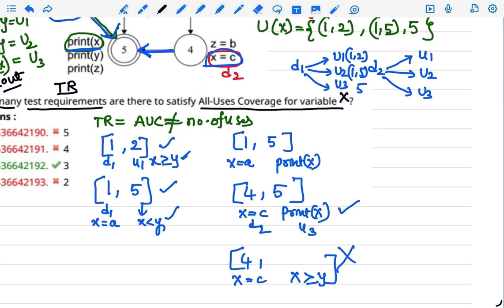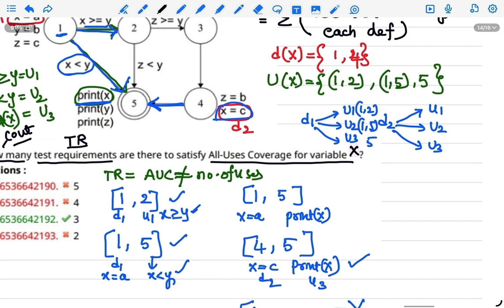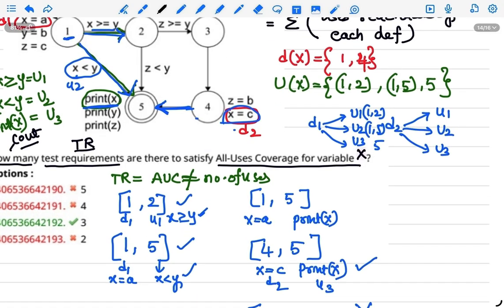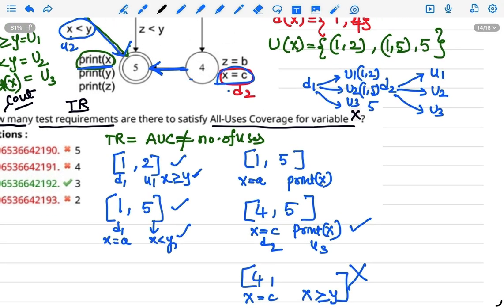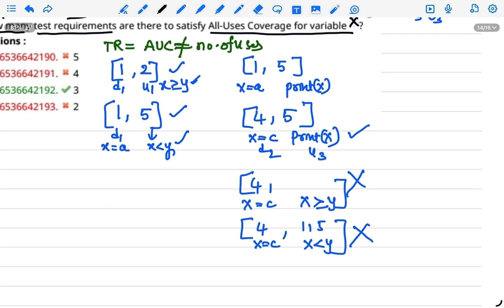In the same way, definition 2 at 4 to edge 1 comma 5, that is x less than y. Is there a path in the control flow graph? From definition 2 to use u2, x less than y, no path, right? They only point to the final vertex 5, so it's not a valid path.